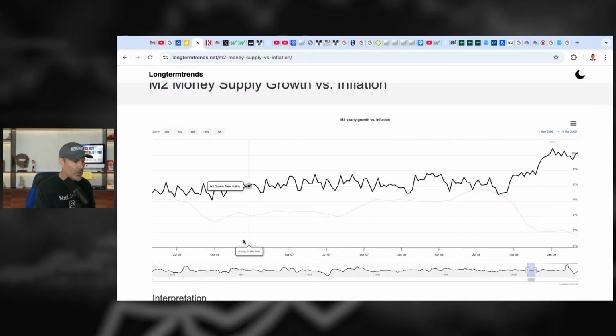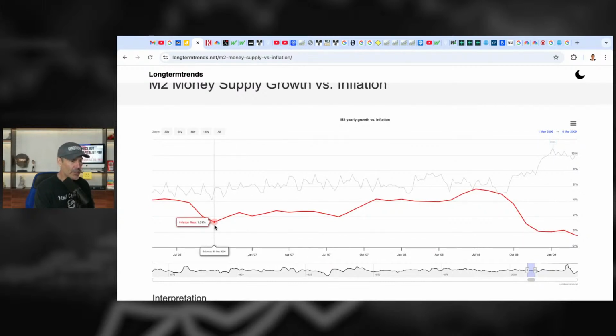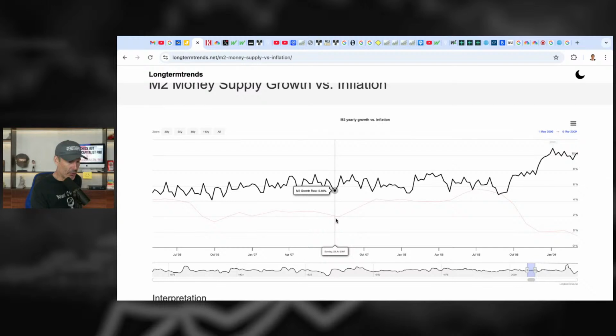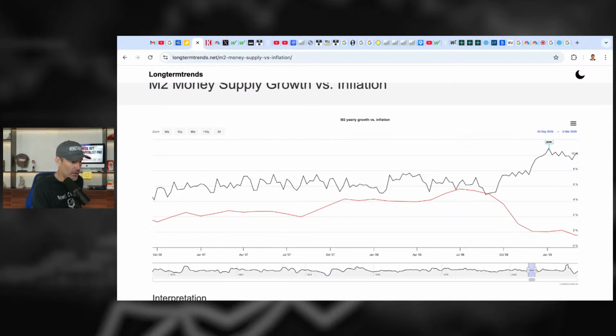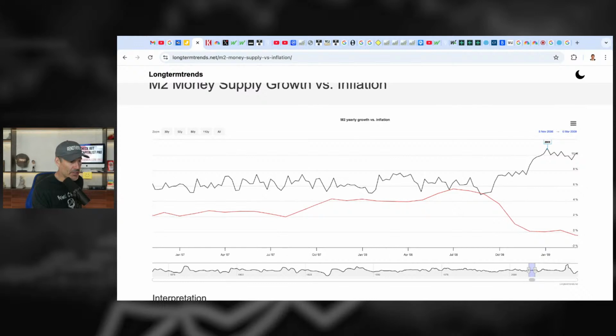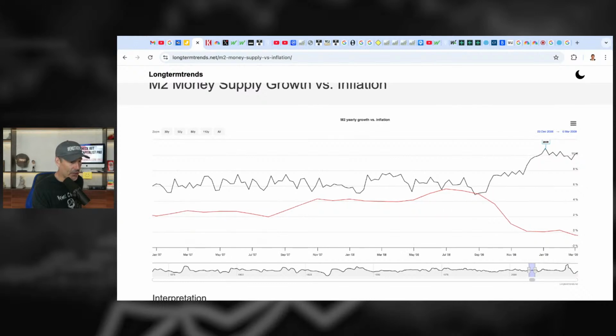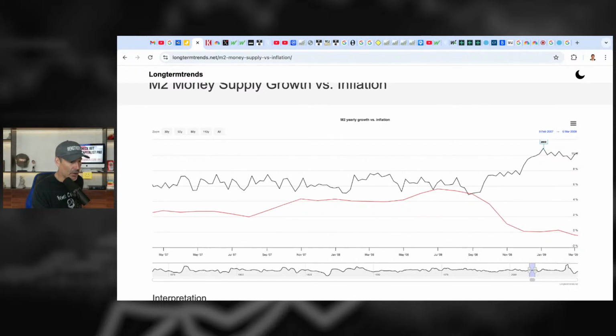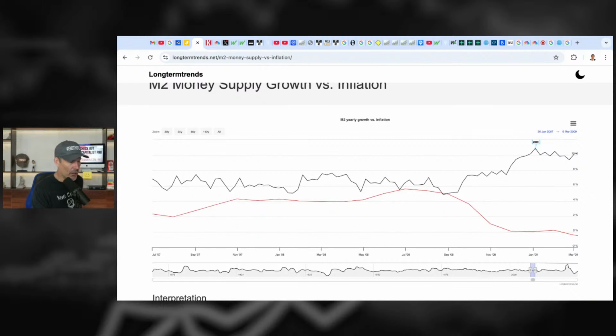Okay. So this red line is the CPI. Sorry, guys. Let me zoom in a little bit further on the front end, because what we're trying to do here is look specifically at their cutting cycle that started in September of 07, where like today, or like 2024, they've dropped by 50 basis points.